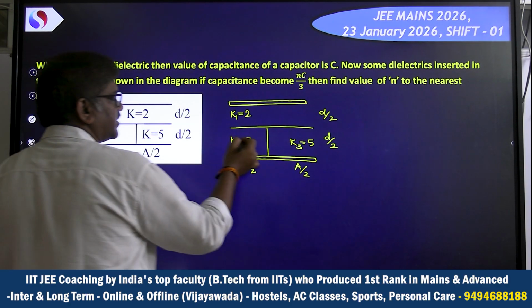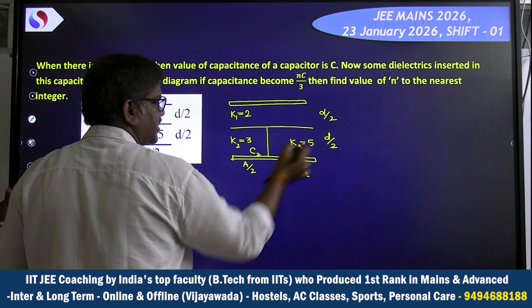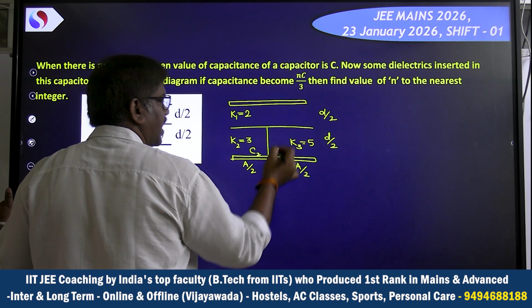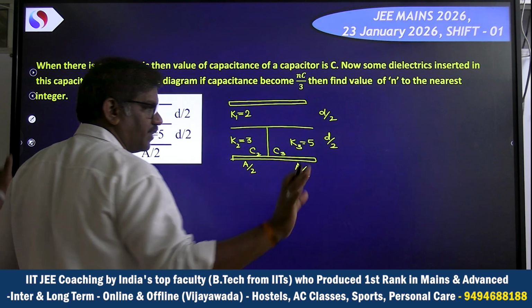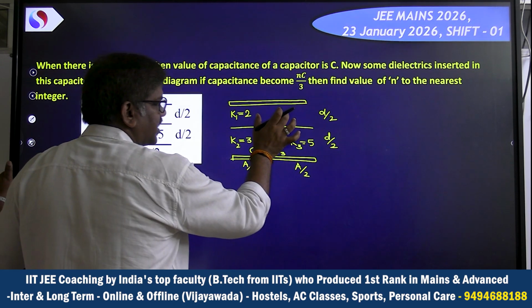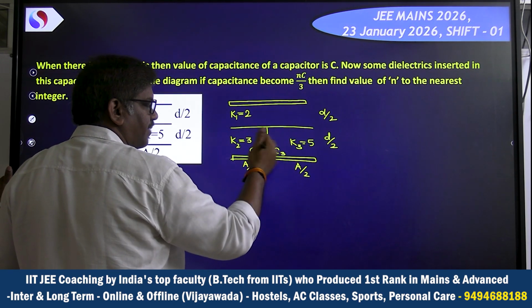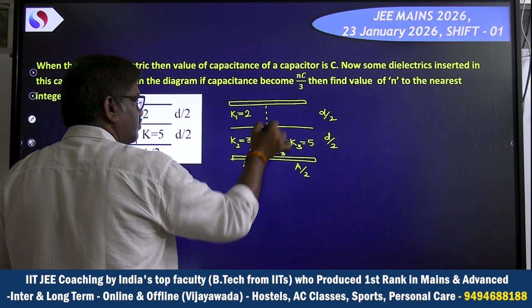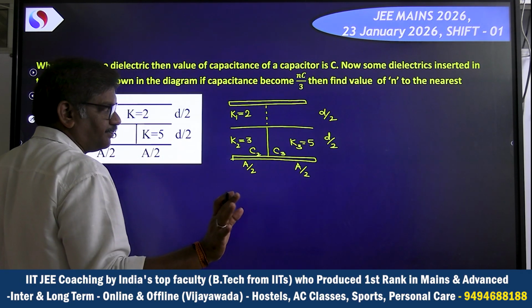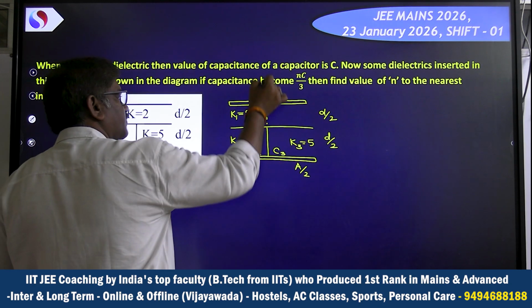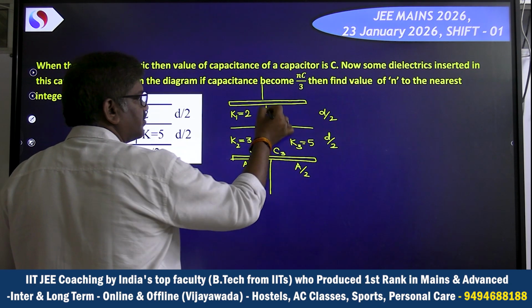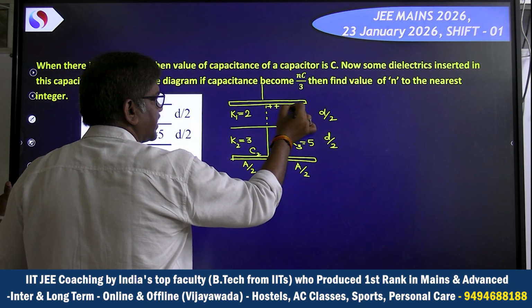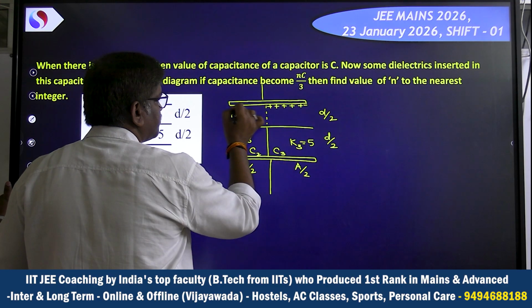I can consider this as C2, I can consider this as C3, and this as C1. If you start combining, don't go this way. You first divide it into two halves. Why am I saying this? Because when the charges are induced, the distribution of the charge here is different from the distribution of the charge here.